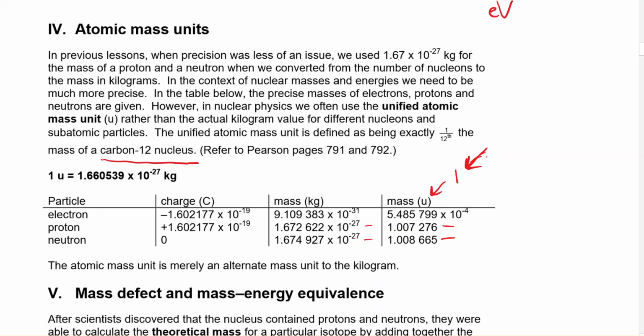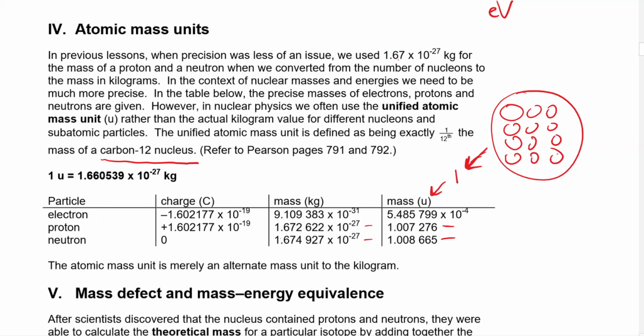And then you might also ask, why would they take carbon-12, which just had 12 things? Pretend those are all nucleons. Why would they take those 12 and divide by 12 to figure out the mass of one of them? Why wouldn't they just take the mass of one of them, like the mass of a hydrogen atom?